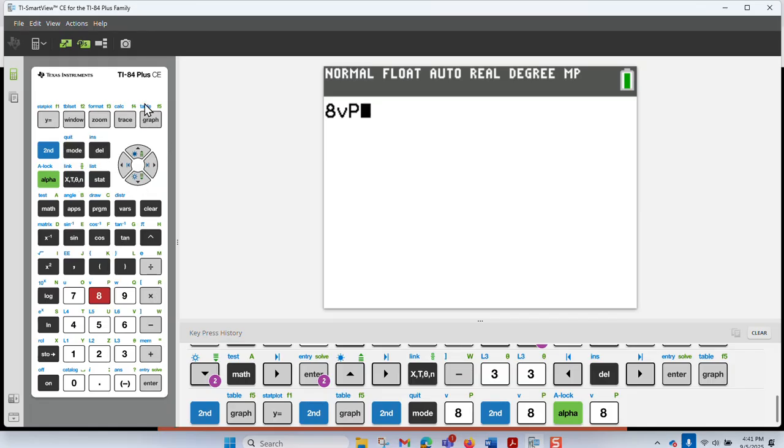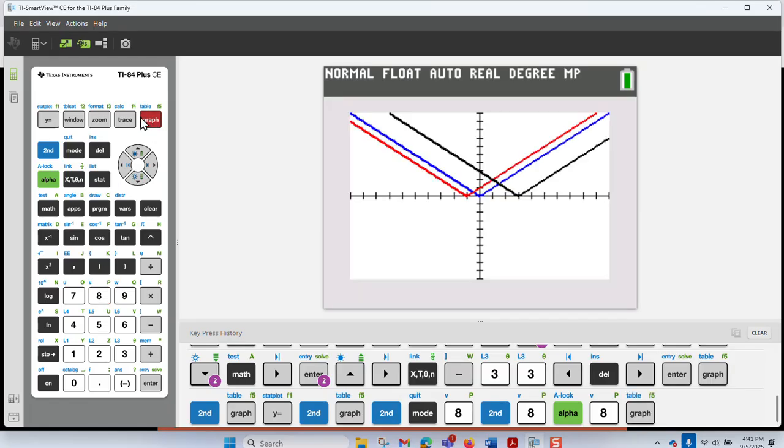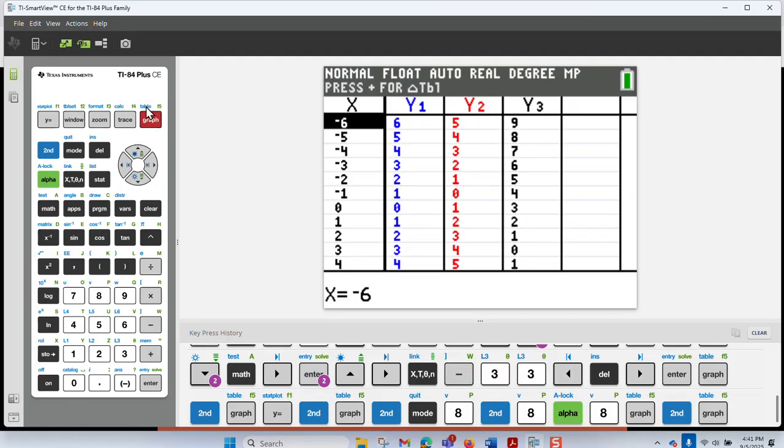Look at it. Okay, so that is the 3 functions in here. So the table here is a blue one, okay? If you hit graph, you will get a graph, right? But if you want to access the table, the table is blue, so you need to hit second graph, and it shows you the table. All right, so that's how the calculator works. It doesn't matter which calculator you have, pretty much similar. They usually have 3 functions per key, right?